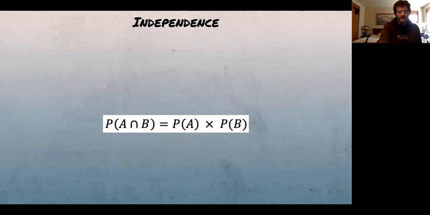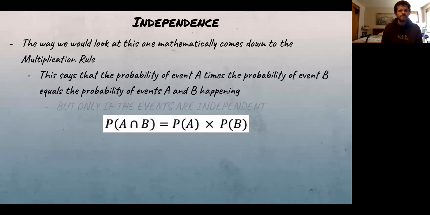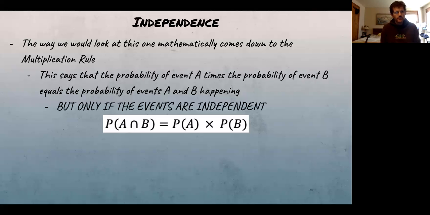Okay, and again, mathematically, we have something we can use, the multiplication rule. We use it for other purposes, but here we're using it as a test. It says that the probability of event A times the probability of event B equals the probability of events A and B happening, but this is only if they are independent.